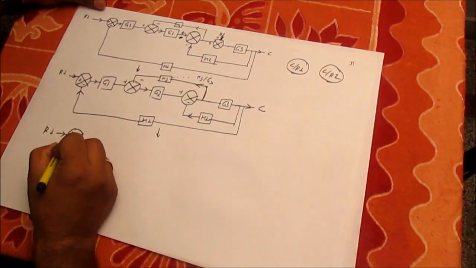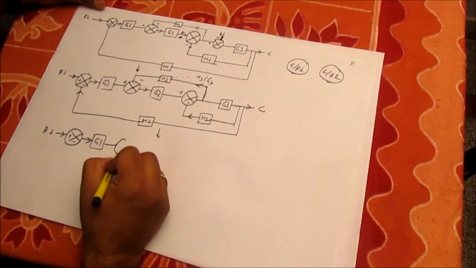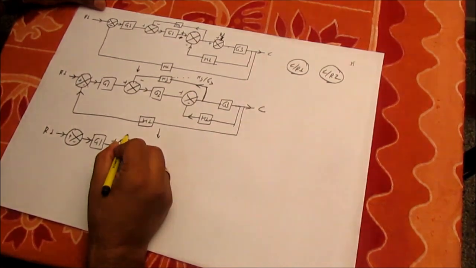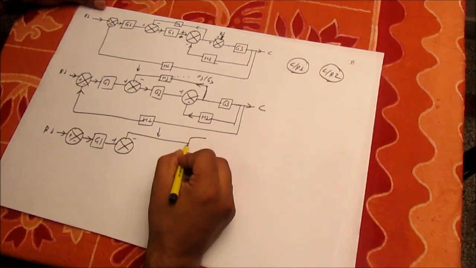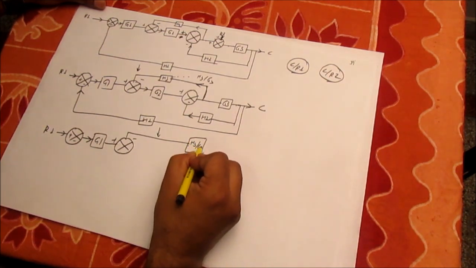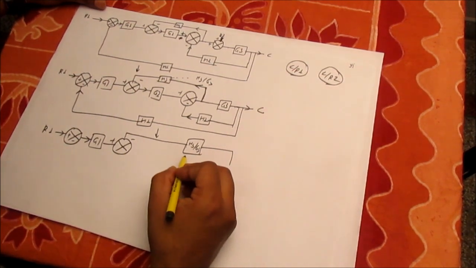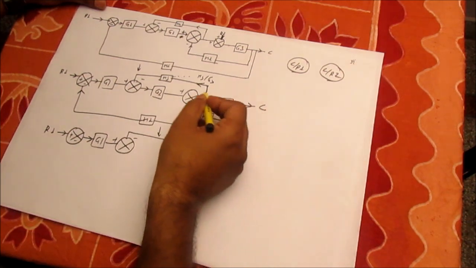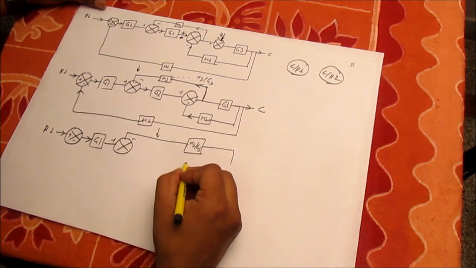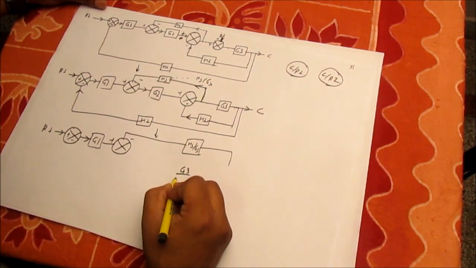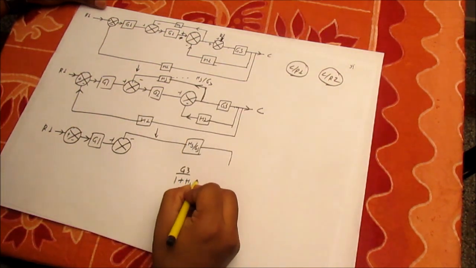I have here plus, minus, this is G1, then this is plus, minus, then I have H3 by G3 here, and I have this G3 H2 feedback system. So its output will be G3 divided by 1 plus, because here it is minus, so I am writing plus, H2 G3.